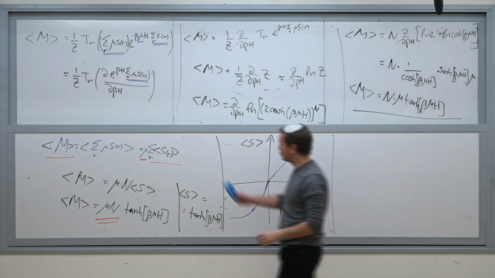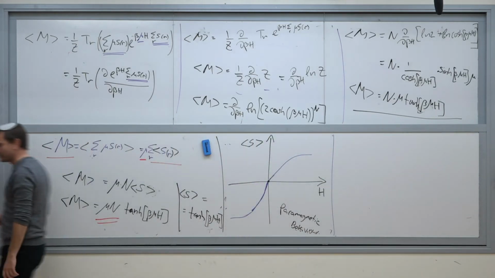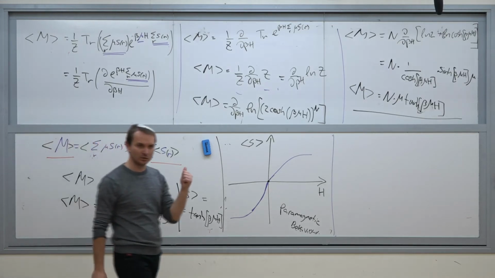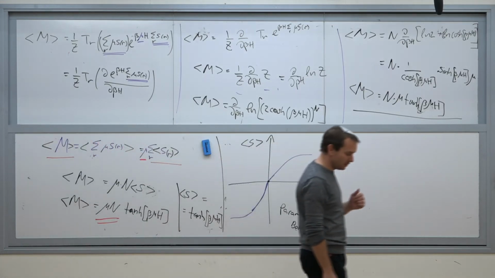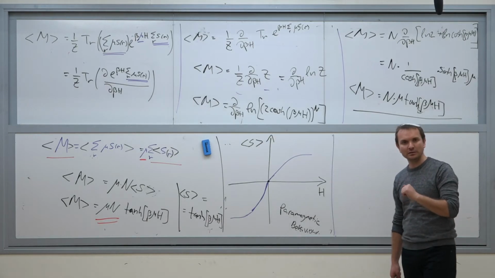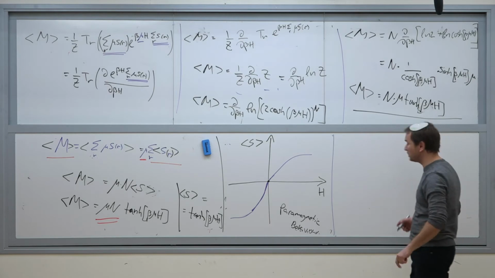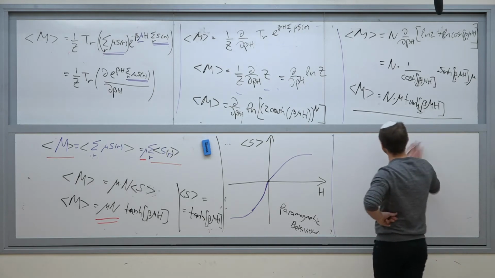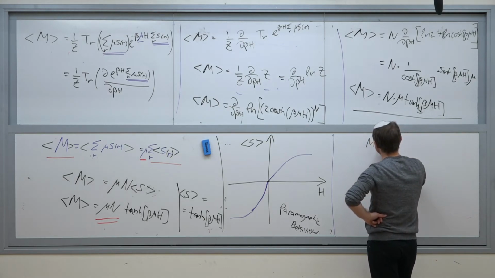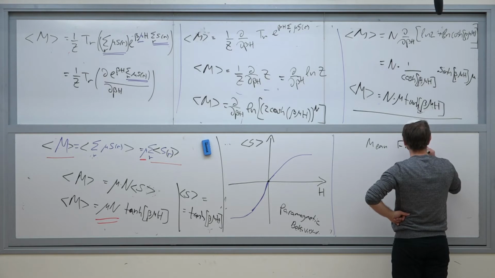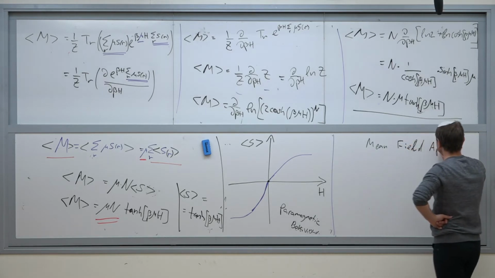So what I'm going to do now is to perform the first attempt at solving this Ising model in general, but I won't be solving it exactly. I want to introduce an approximation technique which is very important and useful in physics, and it's called the mean field approximation.